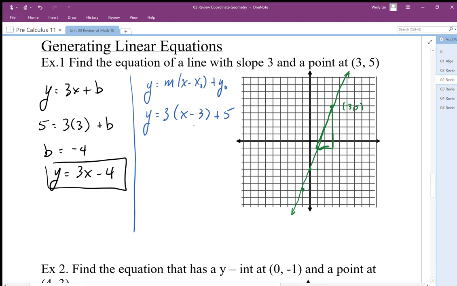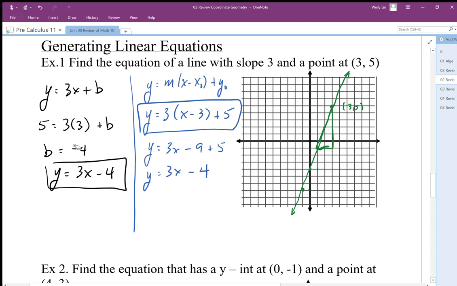Now, if you want to put it into the y-intercept form, we can just multiply this out. So this is done, I'm finished there. But if I want to multiply this out, I get -9 plus 5, and I get my y-intercept form as well. So this is also useful for generating the y-intercept form.